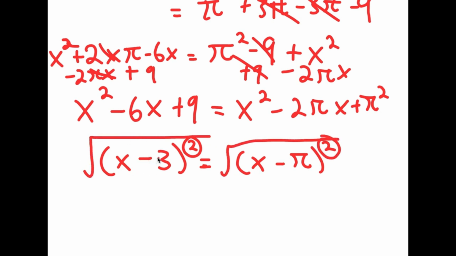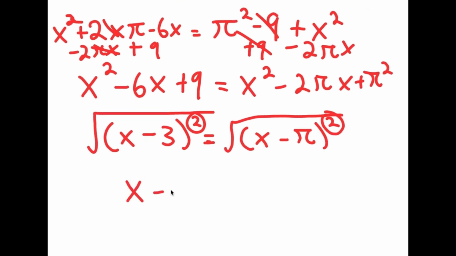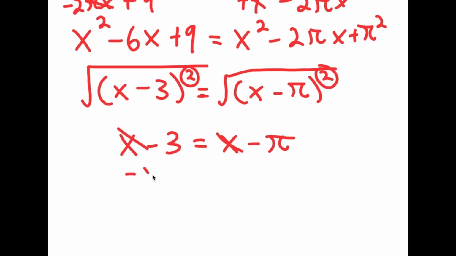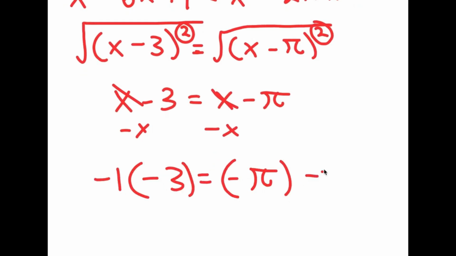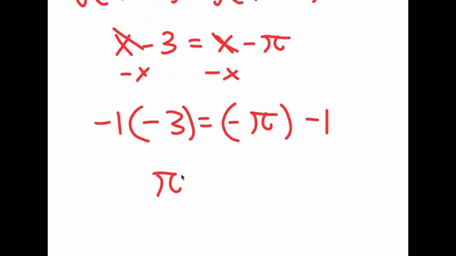The square root of x minus 3 squared is x minus 3, and the square root of x minus pi squared is x minus pi. So I get x minus 3 is equal to x minus pi. Now I'm going to cancel these two x's out by subtracting x on both sides. So I get negative 3 is equal to negative pi. And if I multiply both sides by negative 1, I get pi is equal to 3.